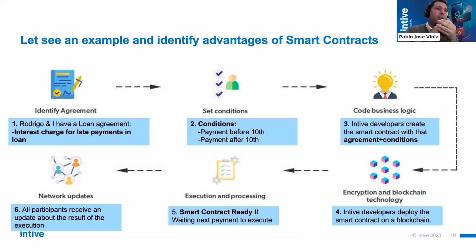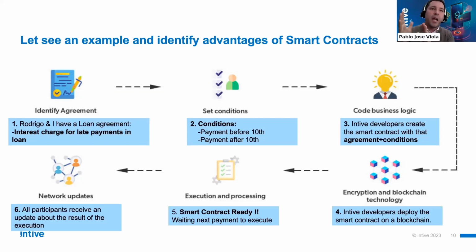After having defined the agreement, we set the conditions. If I pay before the 10th of the following month, there will be no interest charge. But if I pay later than the 10th of the following month, an interest charge will be applied. That part is the business logic and it is clearly defined.